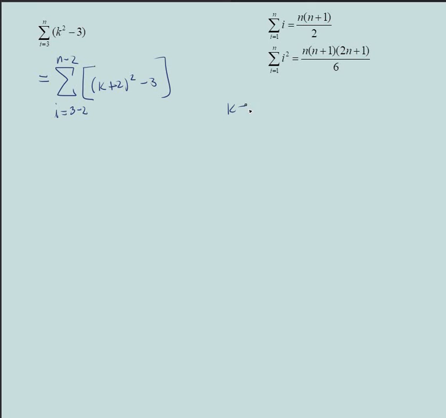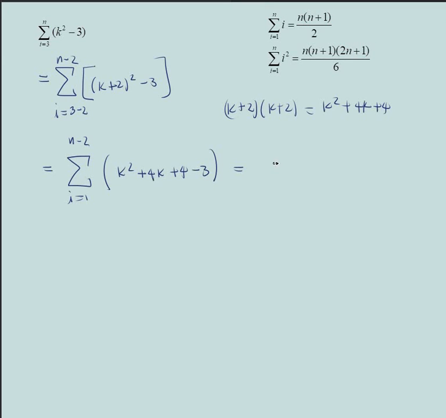This k plus 2, I'm sorry, squared is the same as k plus 2 times k plus 2. So this is going to be k squared plus 4k plus 4, right? So this thing is going to give us the summation that goes from i equal to 1 to n minus 2 of k squared plus 4k plus 4, and then all of that minus 3, right?